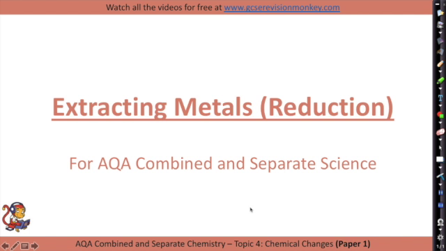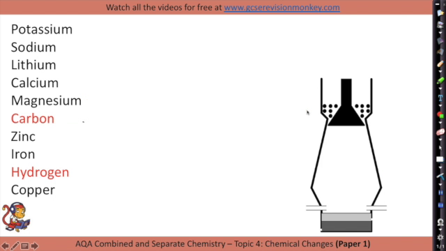Linking into the reactivity series then, we're going to talk about how we can extract metals by the process of reduction, which is a chemical reaction we talked about earlier, which involves removing oxygen. So here we've got the reactivity series again, and this is important to understand what methods we can use to extract metals.